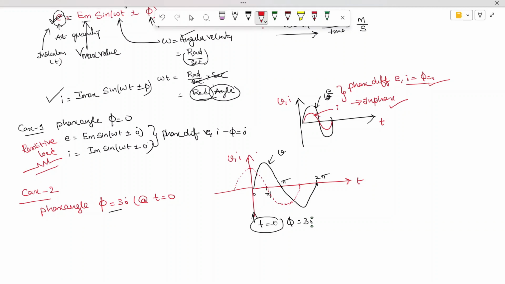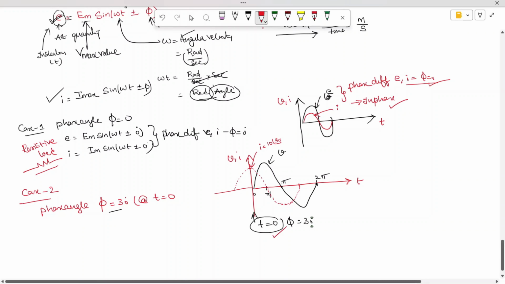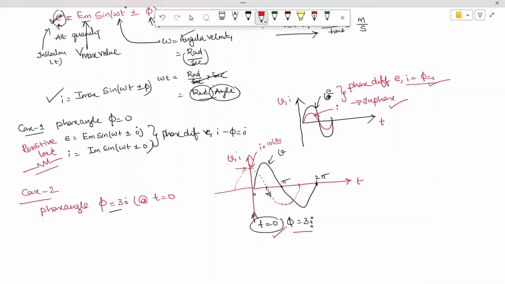For example, this is the magnitude of current. Let us assume that it is 10 at an angle of 30 degrees. You can see here that at t equal to 0 the current has a positive value. So it is touching at a positive instant. Therefore, since it is touching at a positive instant, the angle is plus phi. Therefore, the phase angle is phi.